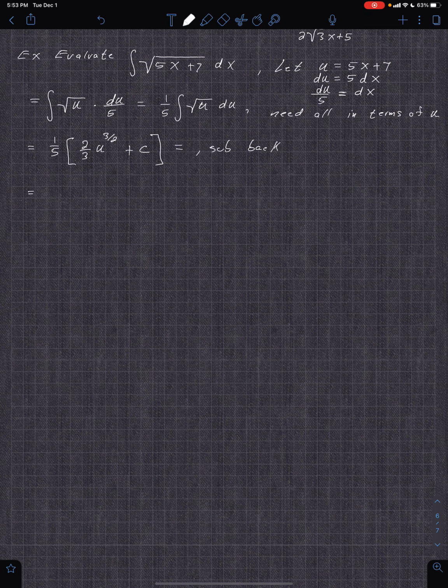Substitute back, and you get, well, you can simplify, but you get 2/15, and then this becomes 5x plus 7 raised to the 3/2. Oh, I just multiplied there. That's right there. And then you just say plus c, because this was indefinite, right? This is indefinite. There's no values there.